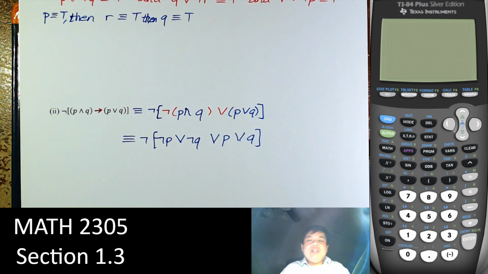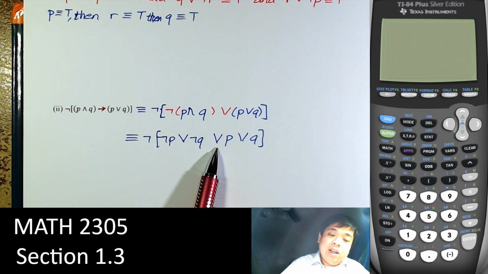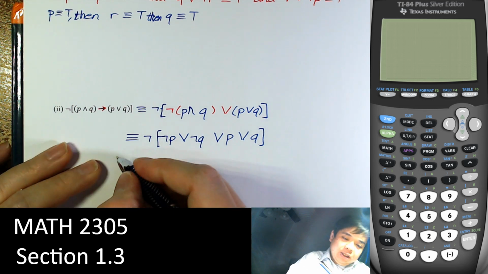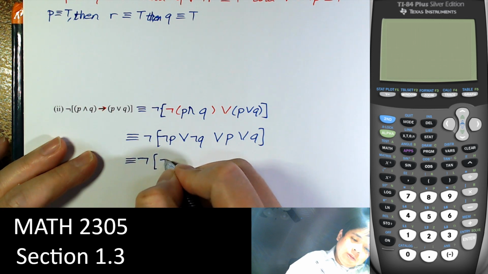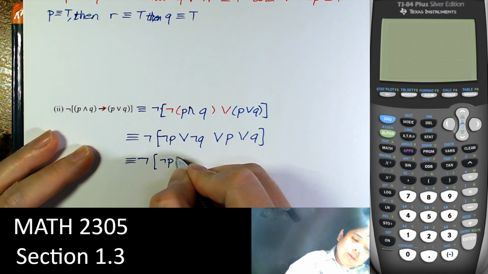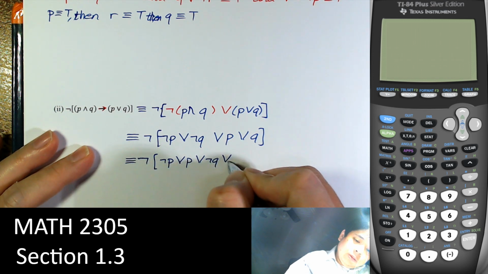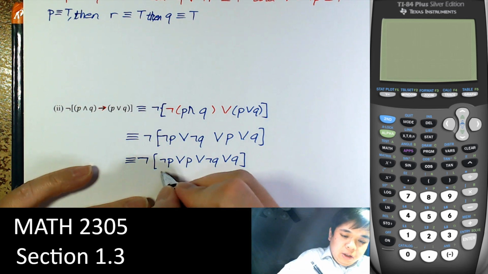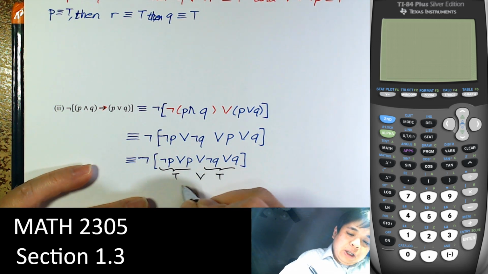Right, we saw this one before. Not P or P, that's true. Not Q or Q, that's true as well. Right, true, true, and that is true.